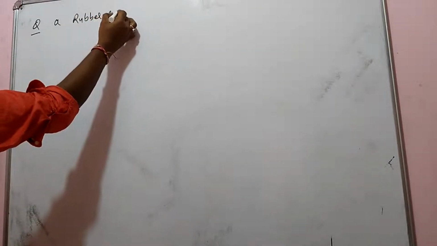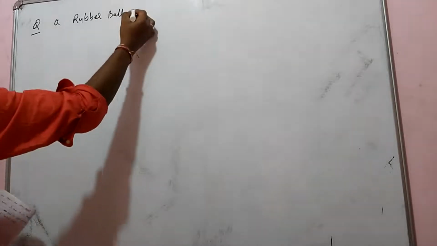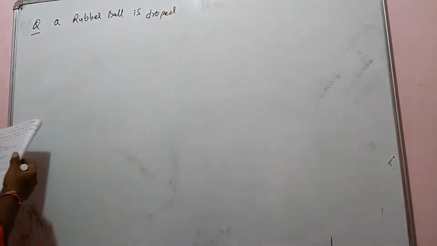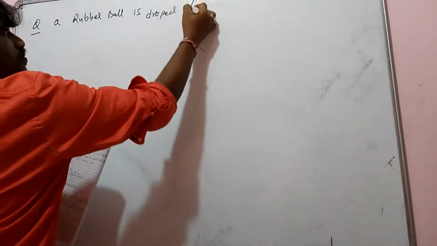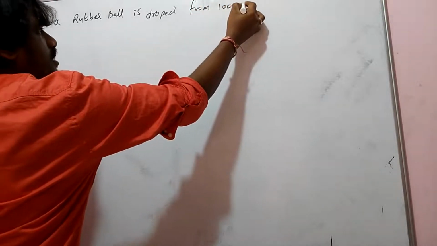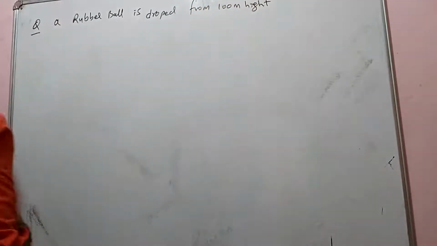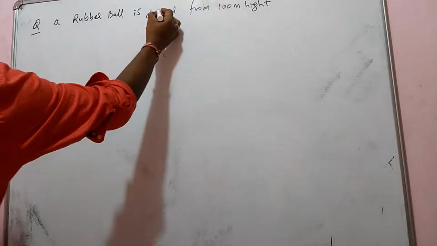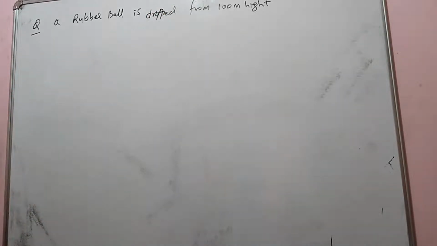A rubber ball is dropped from 100 meters height. Note down the question here. A rubber ball is dropped from 100 meters height. It will be bounced.